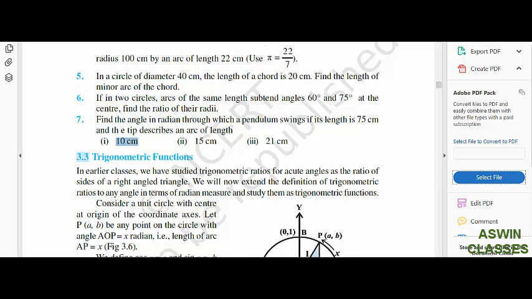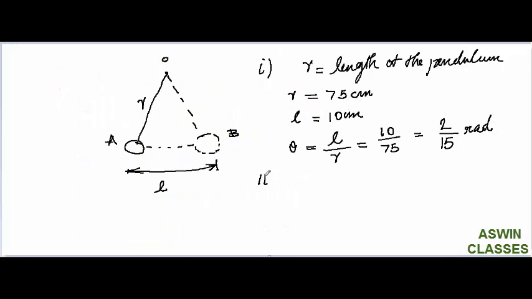Now in the second case, the length of the pendulum R remains same, R equal to 75, but here L is equal to 15 centimeter. Here theta is equal to arc length 15 divided by 75. 15 goes 1 time in 15 and 5 times in 75. So 1 by 5 radian.